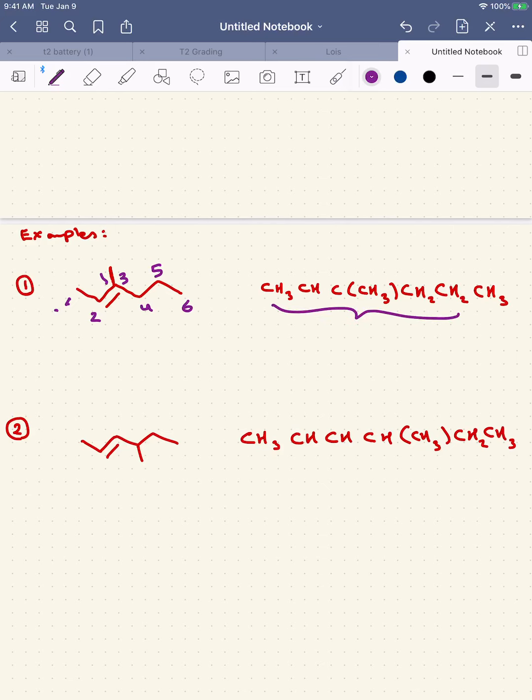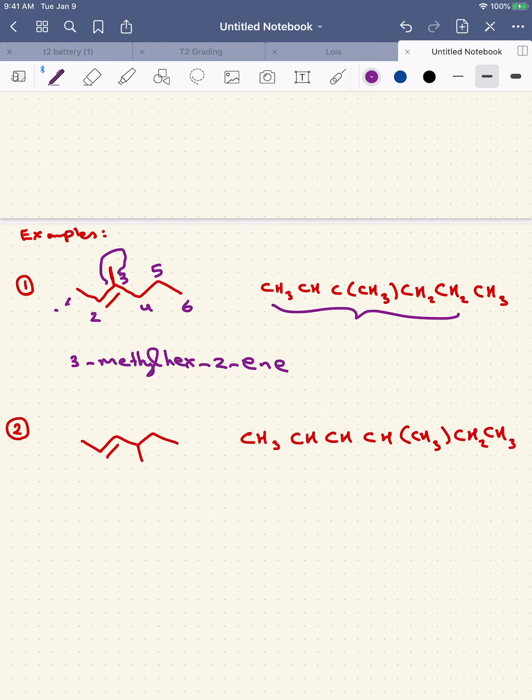There is a branch, which is a methyl on the 3rd carbon, and the double bond is on 2, so it's hex-2-ene again, but I have a methyl, so I can call it 3-methylhex-2-ene, and that's good nomenclature. Or you could call it 3-methyl-2-hexene.